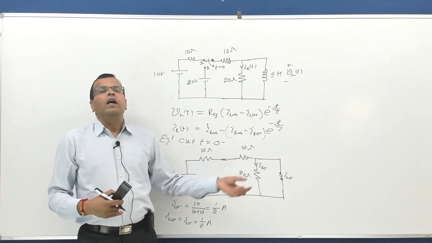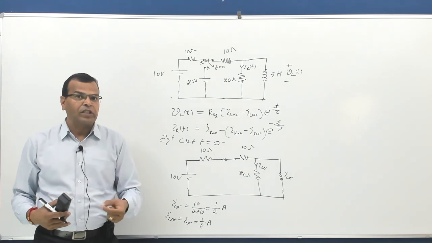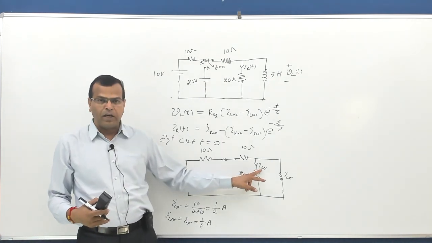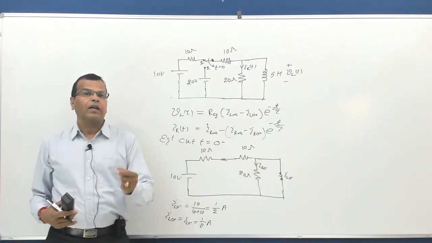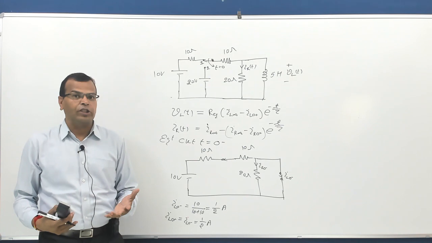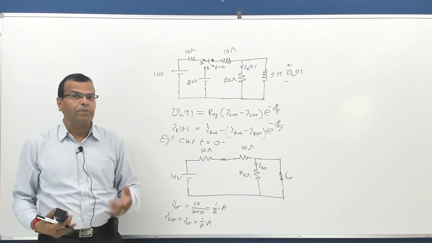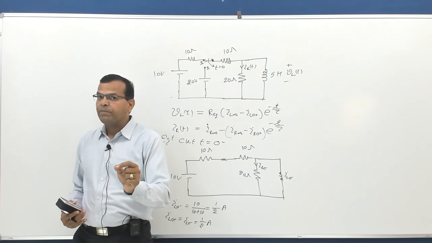Reason is, current through the resistance can change instantaneously at one instant of time. At t equal to 0 minus, current is IR 0 minus, and current through this resistance can change. It will not remain same, but current through the inductor will remain same.